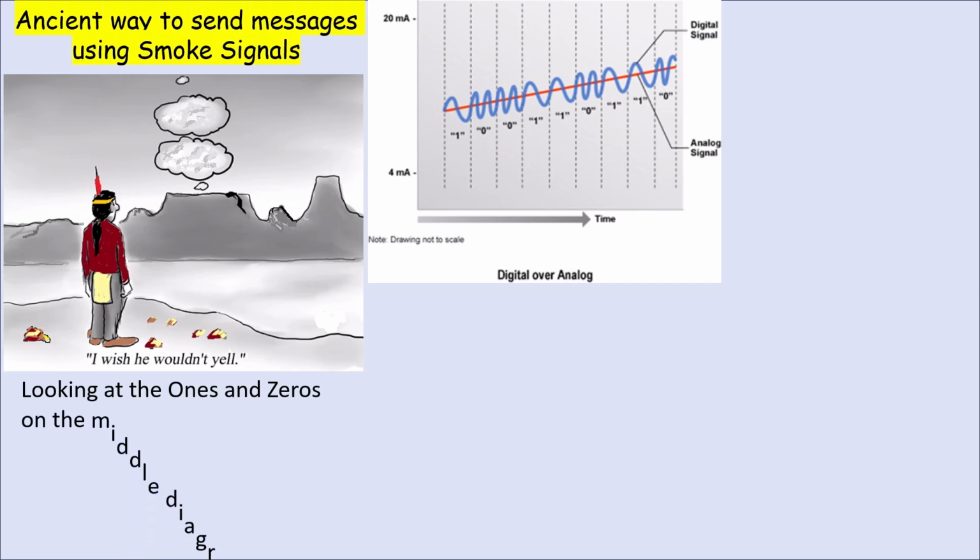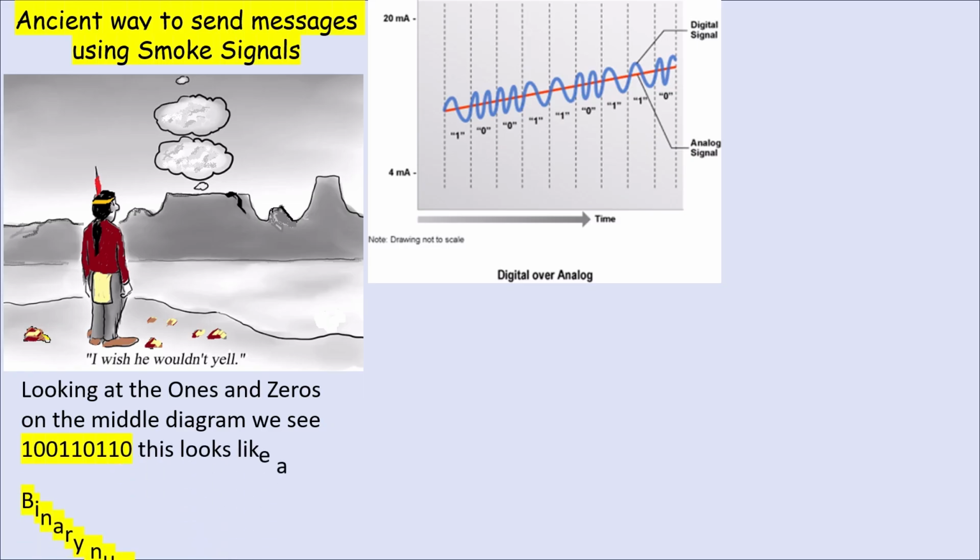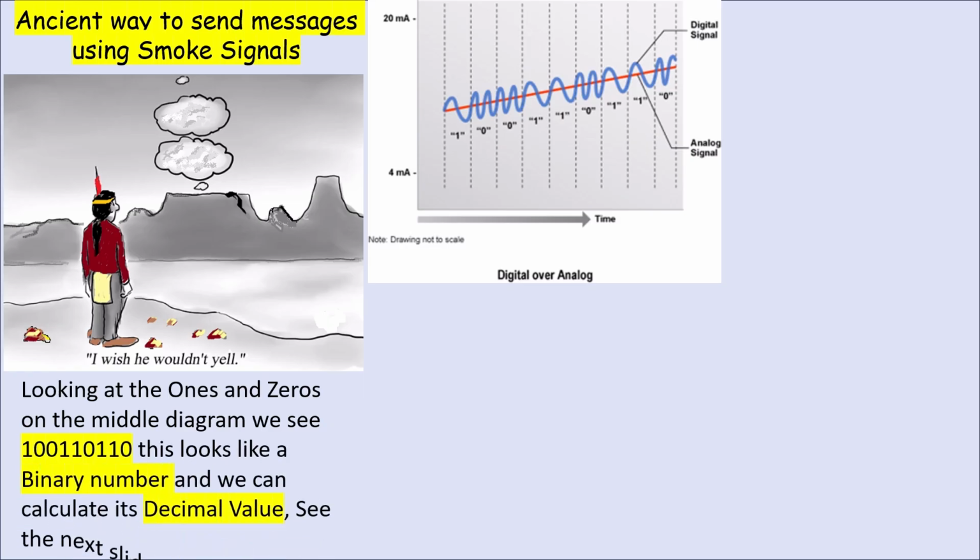Looking at the ones and zeros on the middle diagram, we see 100110110. This looks like a binary number, and we can calculate its decimal value.